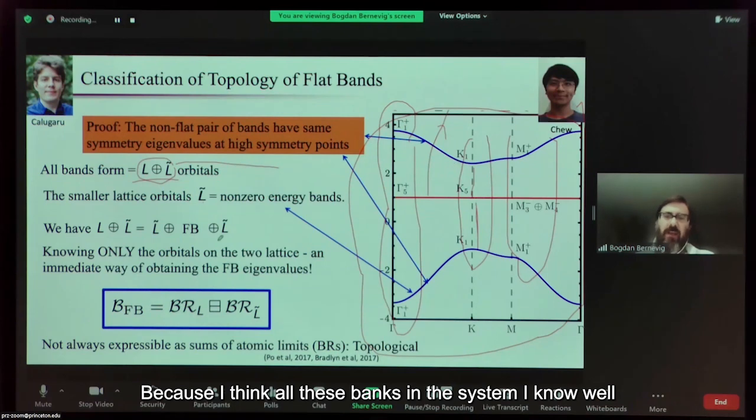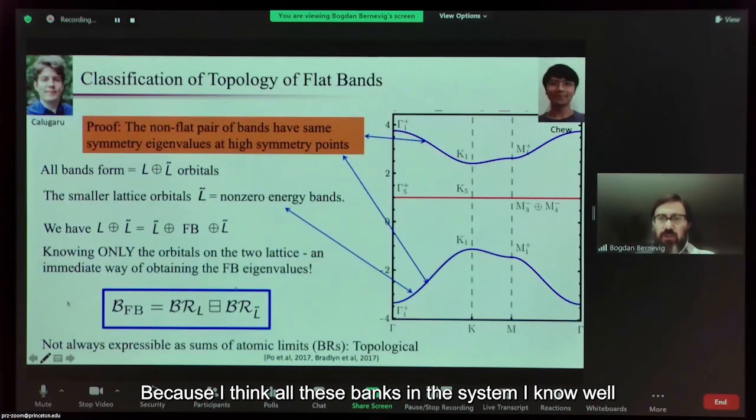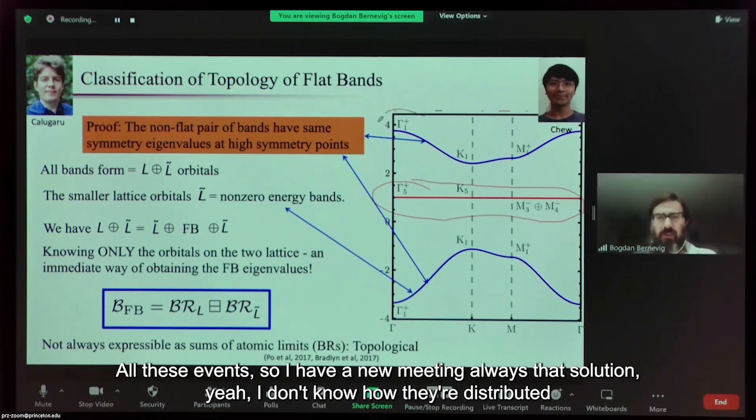Okay? Then, the next thing that you can prove, which requires more time than I have here to go through the proof, is that if you neglect the flat band, then the other bands, which for these systems come in pairs, you can generalize the proof when they don't come in pairs, have the same eigenvalues.